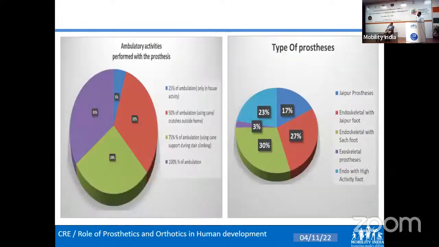Then level of education. Then ambulatory activities performed with the prosthesis, meaning how much activity they did only with the prosthesis, not using any other supportive devices. Then the type of prosthesis they are using, like endoskeletal prosthesis with Jaipur foot, or endoskeletal prosthesis with high activity foot, or SACH foot.